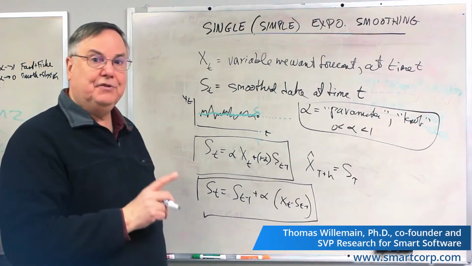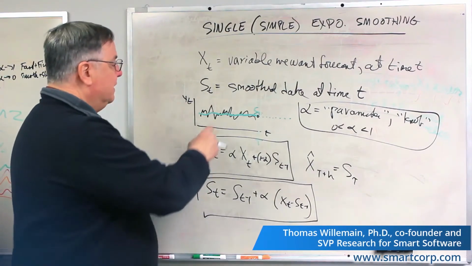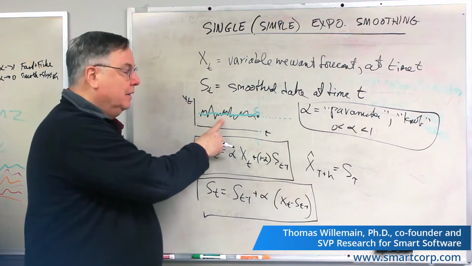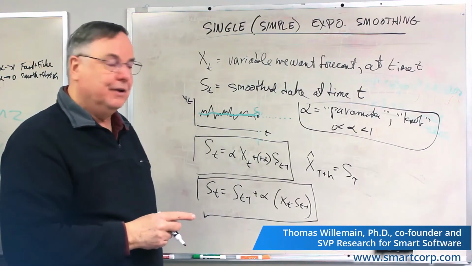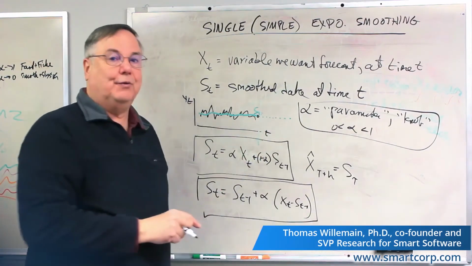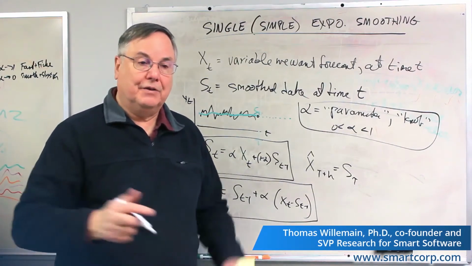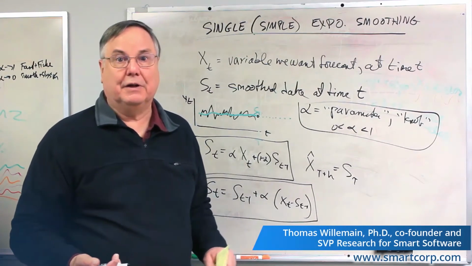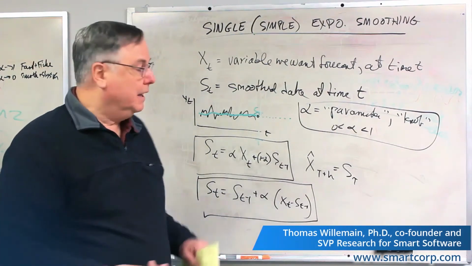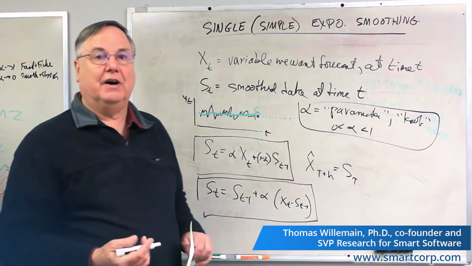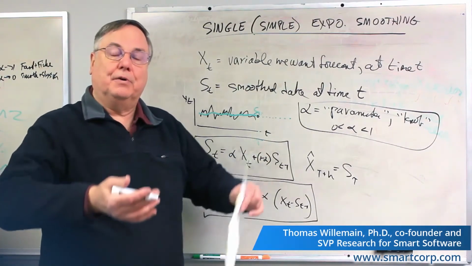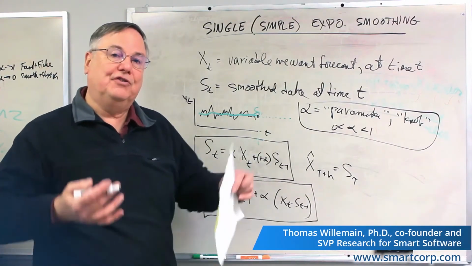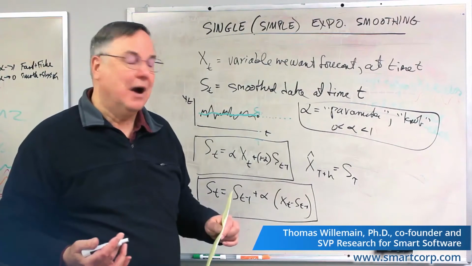And that can be especially important if you're not in a simple world like this. A realistic world is that nothing stays flat forever. Things change, and there's what you might call drift in the level of the series. And exponential smoothing is designed to be able to float up or down with the drift, so it's always adjusting to what's happening now.